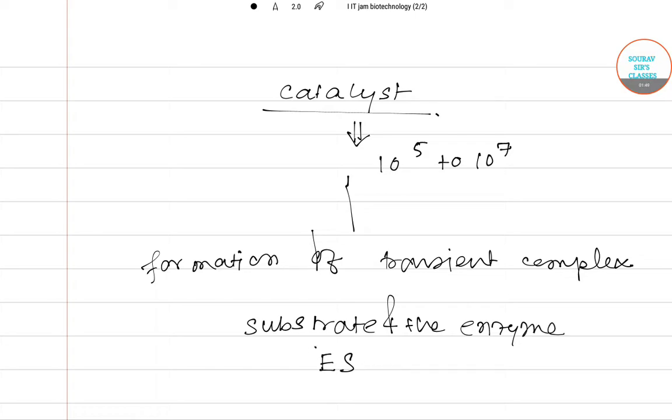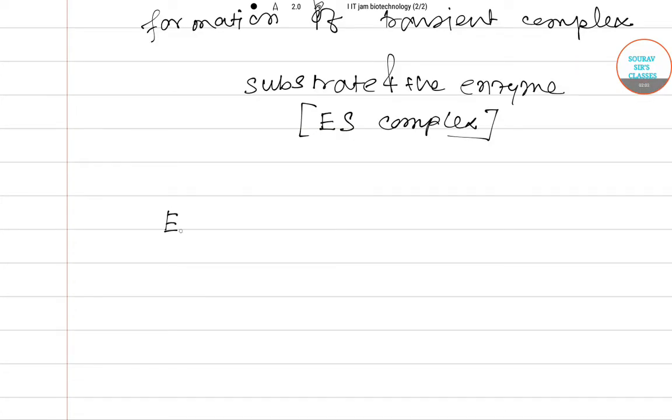E for enzyme, S for substrate, and that will form the ES complex. Now how are we making this ES complex? Suppose E is any enzyme that catalyzes a reaction and that will work on a substrate, and that will form an ES complex.